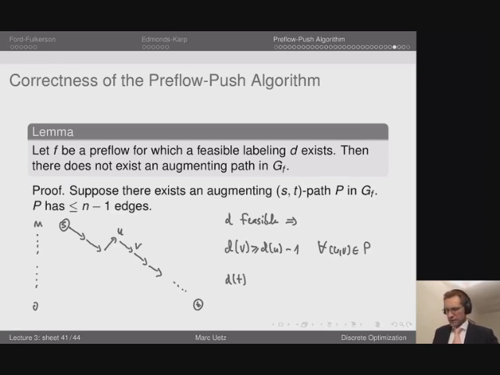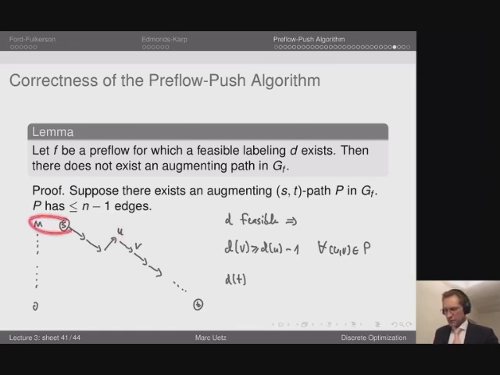So if I look at the augmenting s-t path, it might look like this, with downward sloping edges, but along any edge that lies on this path, the label of V is at least the label of U minus 1. So it's not too much downward sloping.